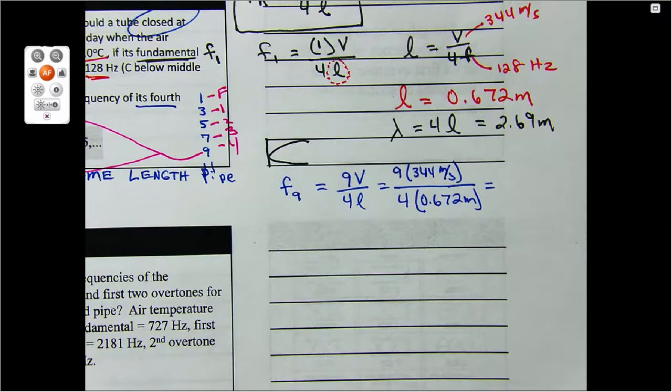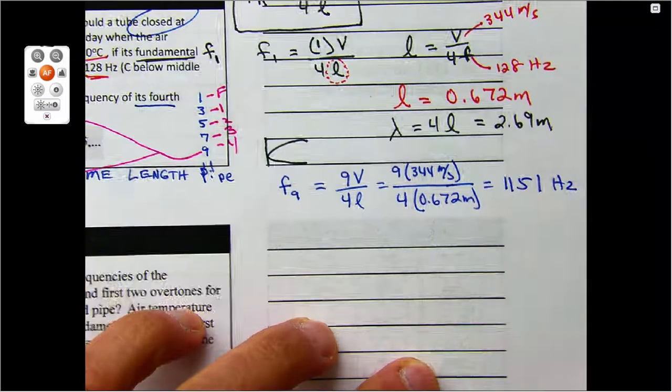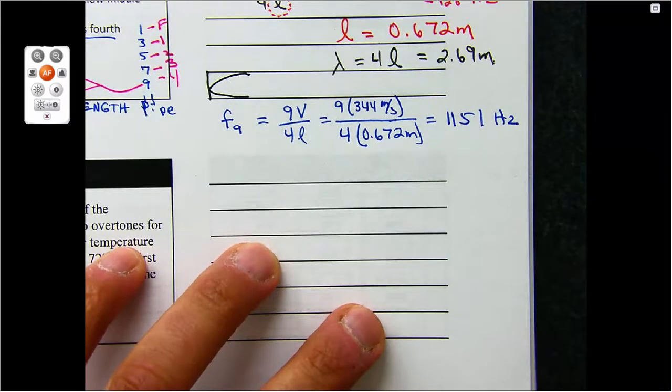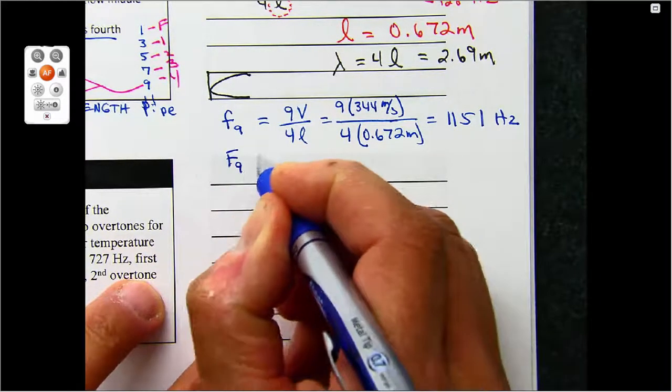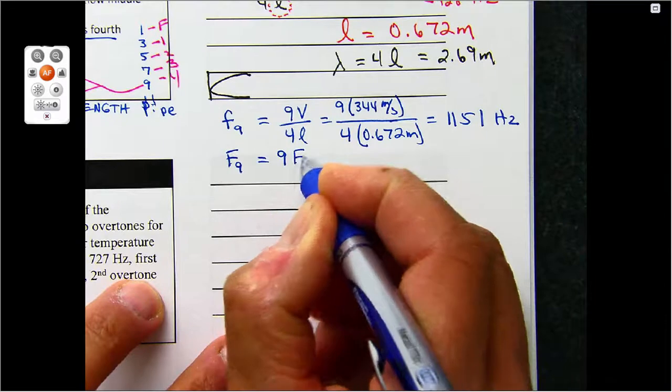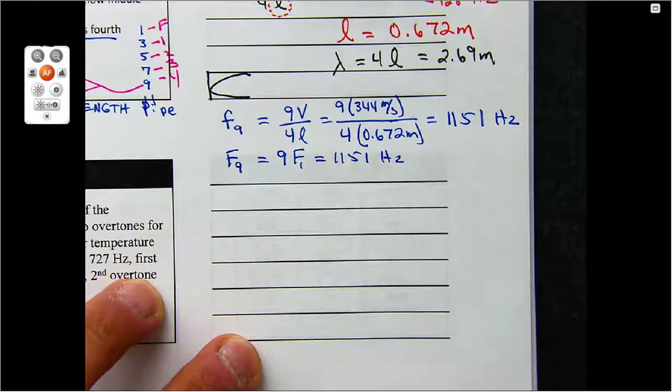Right around 1200. 1151. The other way to do this is to say F9 is equal to 9F1, and that would also be 1151 hertz.